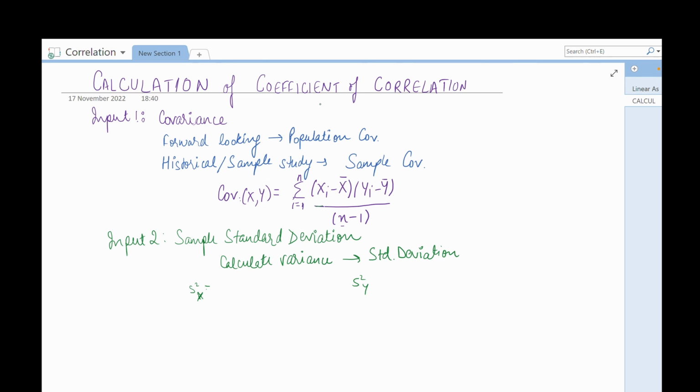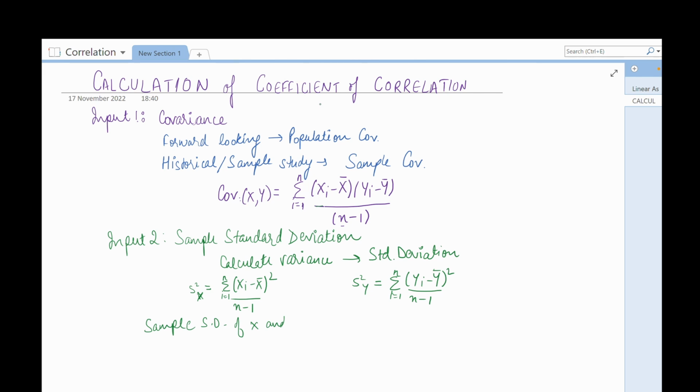So variance of x is basically sigma i equals 1 to n, xi minus x bar square, upon n minus 1. Similarly, variance of y is sigma i equals 1 to n, yi minus y bar square, upon n minus 1.